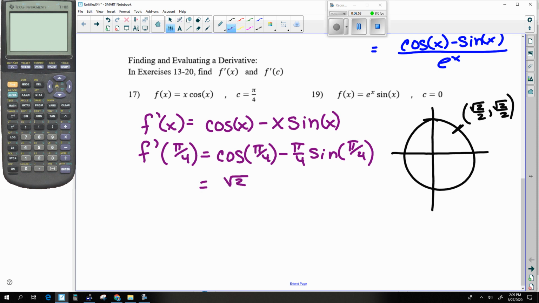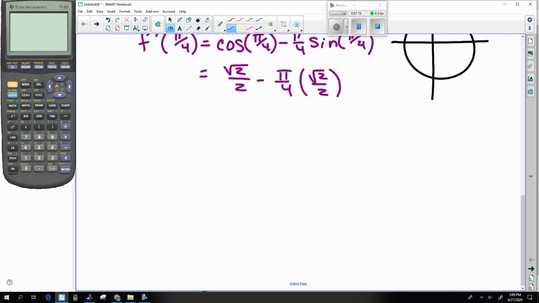So this is square root 2 over 2 minus pi over 4 times, I'll put it in parentheses, root 2 over 2. Now, I don't know if they want you to put that together or not. If they do, it would look something like square root 2 over 2 minus pi root 2 over 8.